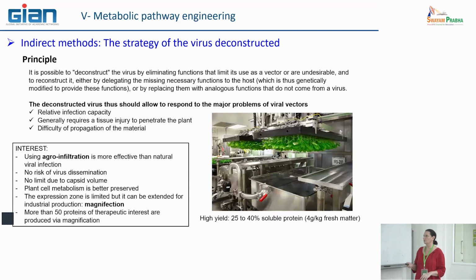And there are lots of examples of this type of vaccine production, because you can see here more than 25 to 40% of the soluble protein could be your recombinant protein. So it's the best way to produce recombinant protein. It's also a way to produce enzymes involved in metabolic pathways if we want to, for example, study some of their characteristics.